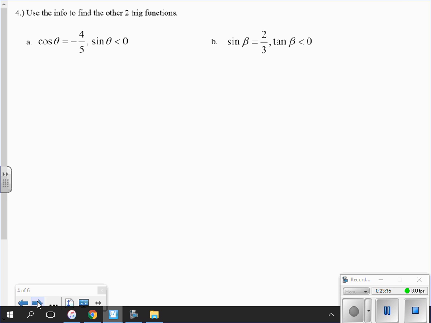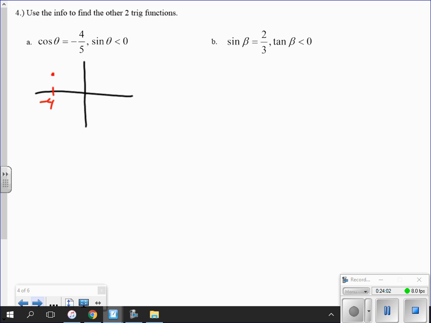Because remember, the cosine of an angle is the x value of our coordinate point divided by r. So my x coordinate is going to be negative 4. But there are 2 possibilities that give me an x coordinate of negative 4.